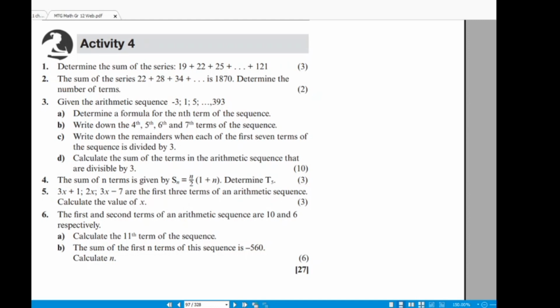That's question 1. It's a series: 19 plus 22 plus 25 plus all the way to 121, right?